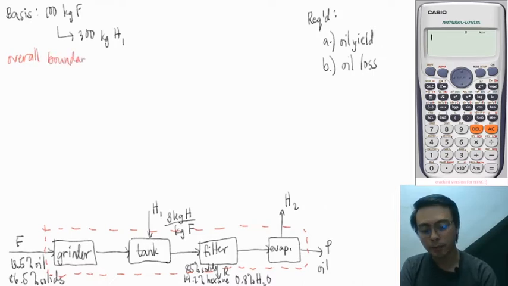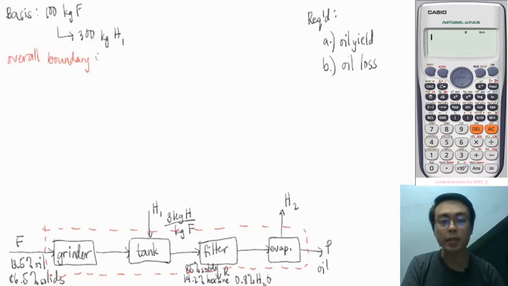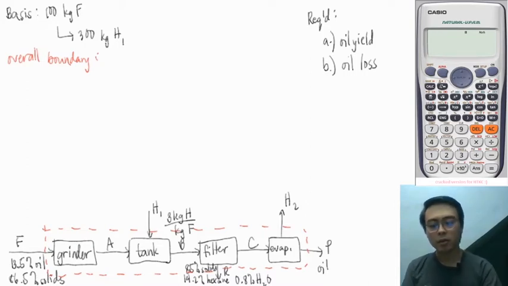By the way, before we forget, you see that there are 3 streams inside of the boundary that are not considered in our calculations, but we still have to name them. So let's name this A, the output of the grinder, the output of the tank as B, and the output of the filter as C. Okay, just for clarity.